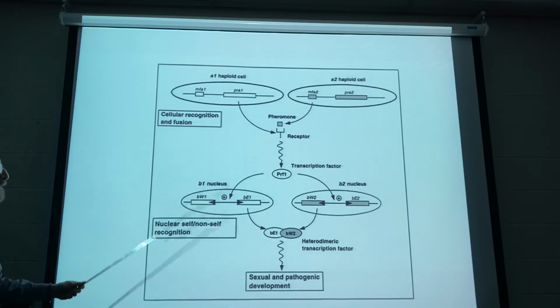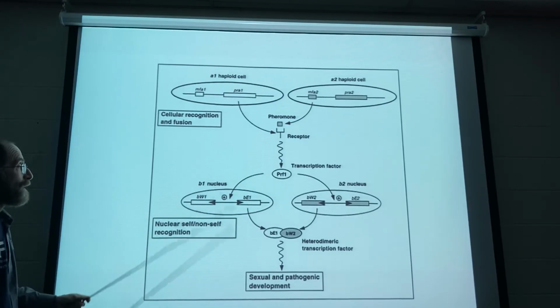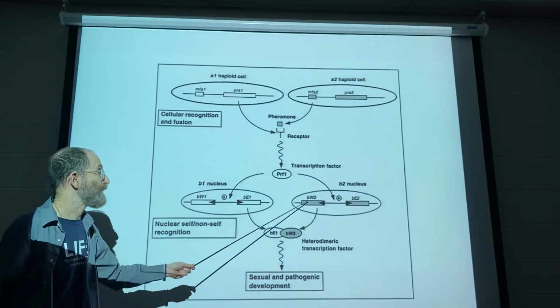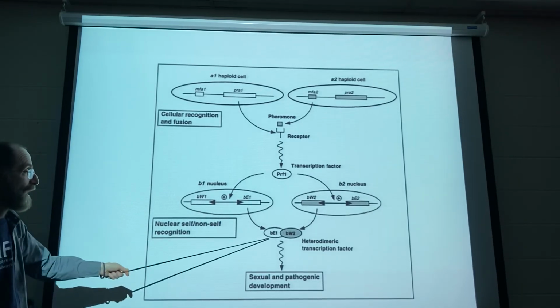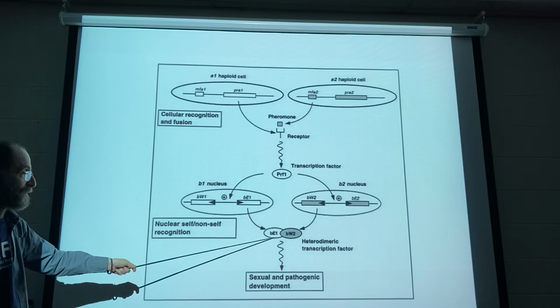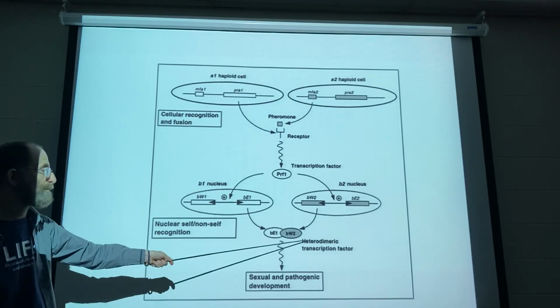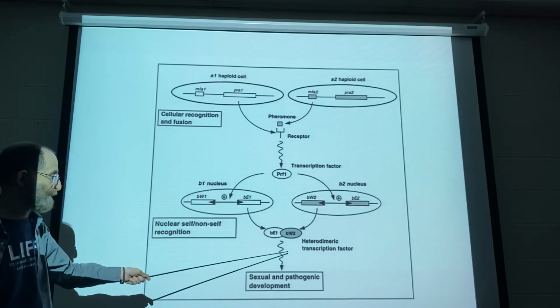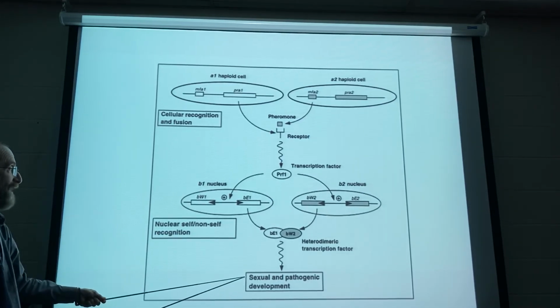So here's a B1 nucleus and a B2 nucleus with B West 1 and B East 1, and now B East 2 and B West 2. And in the same fused structure, you now have an active transcription factor, in this example the B East 1, B West 2 heterodimer, and that's a homeodomain type transcription factor that leads to sexual and pathogenic development.